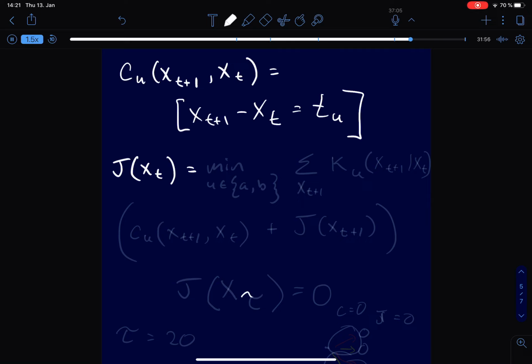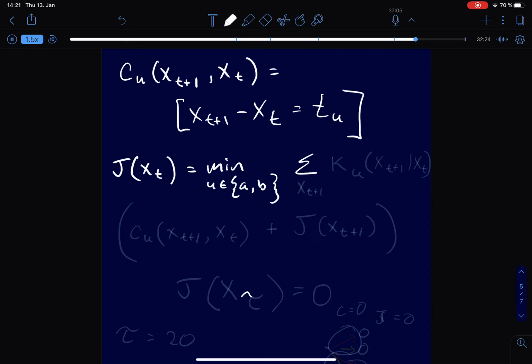This is just given by the minimum over our actions, or in this case our controls, of the expected change in our cost.